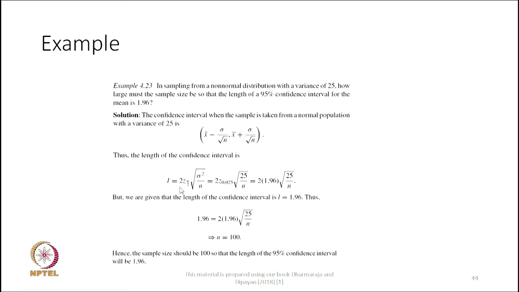Sorry, there was a mistake earlier, z alpha by 2 was missing. Therefore, the length is going to be 2 times z alpha by 2 times sigma by root n.